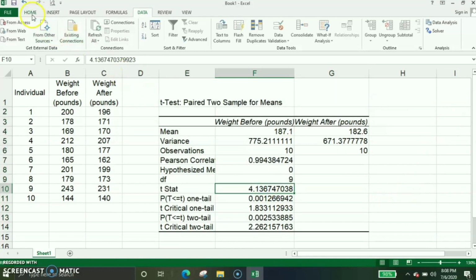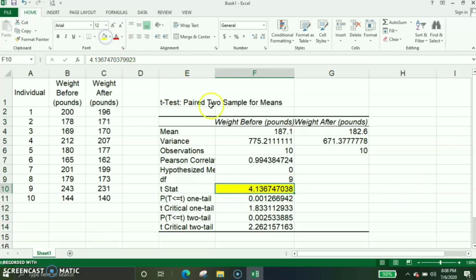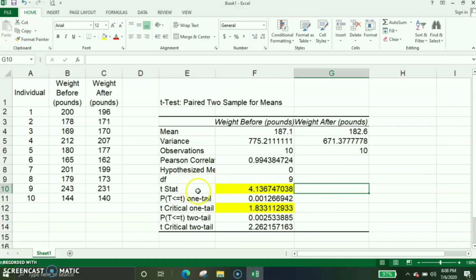Now I'm going to highlight the values reflected in our computations earlier. It is reflected here that our t statistic is 4.3013 or 4.137, greater than our t critical, which is 1.833, which supports our claim that our null hypothesis is rejected.